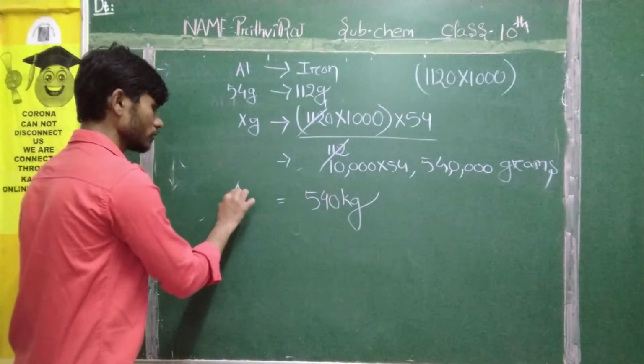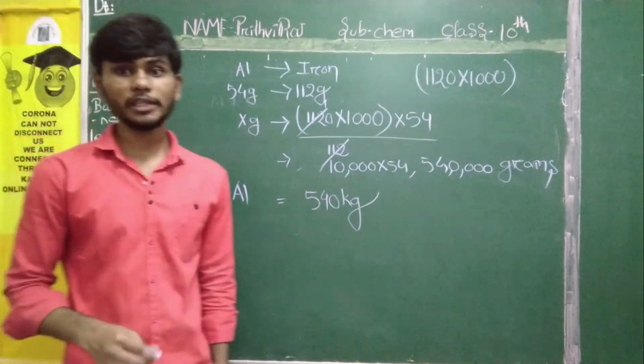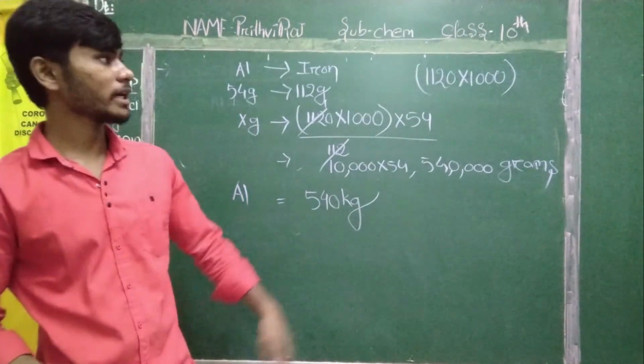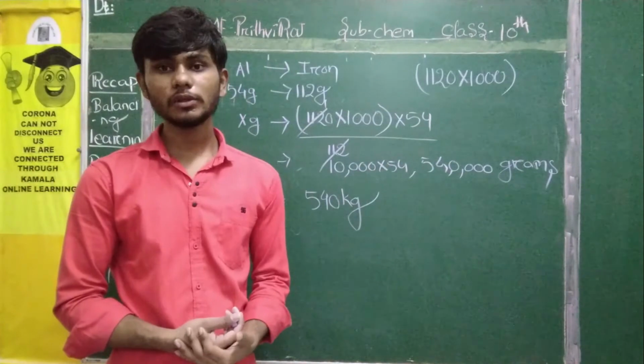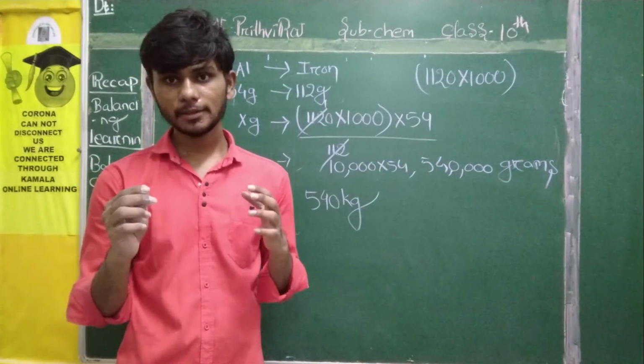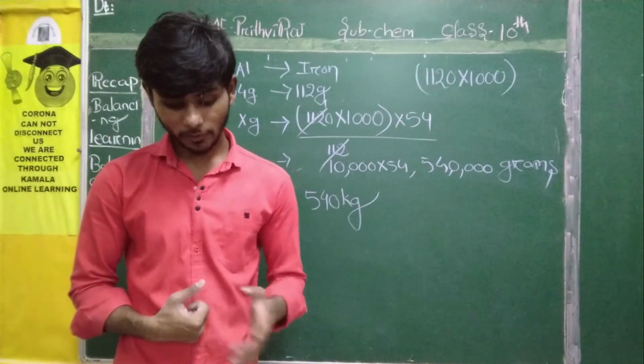So we need 540 kg of aluminium so that we can get 1120 kg of iron. This is the end of our problem.